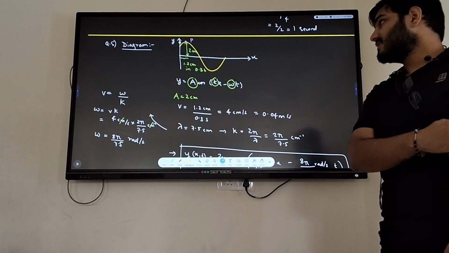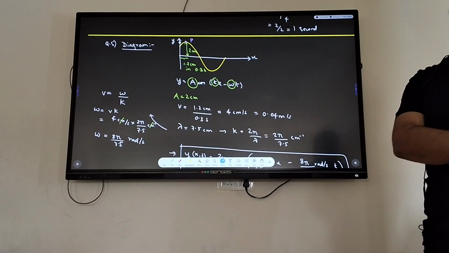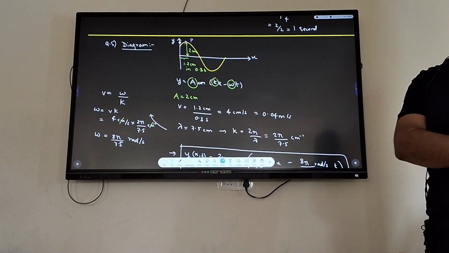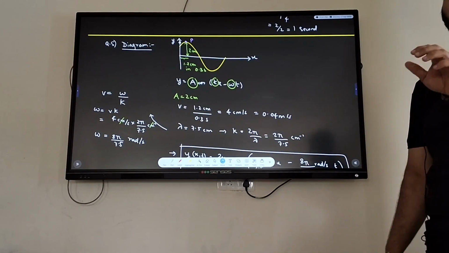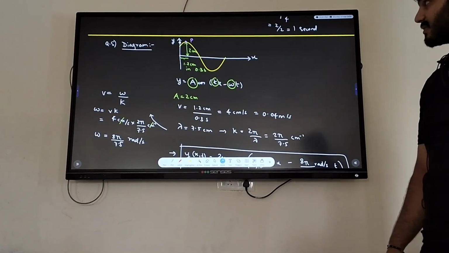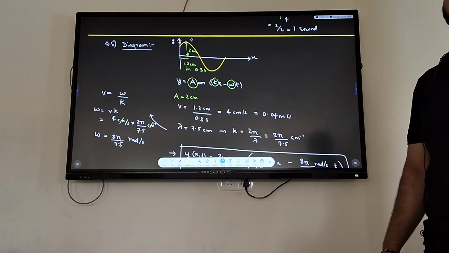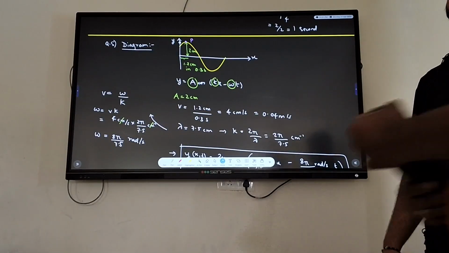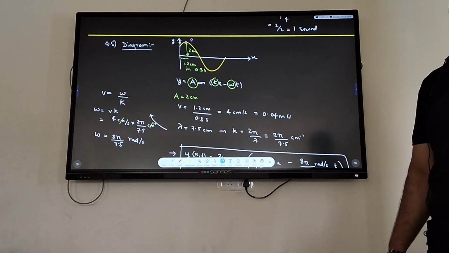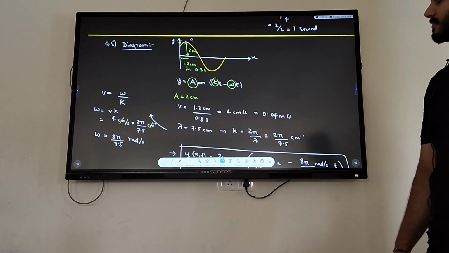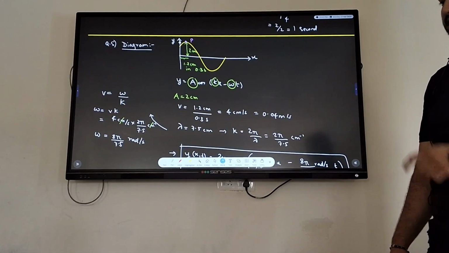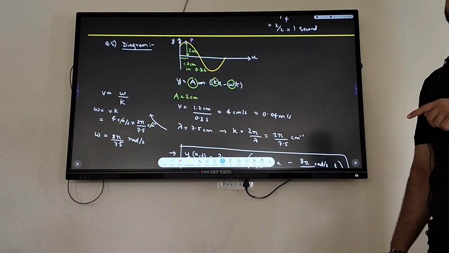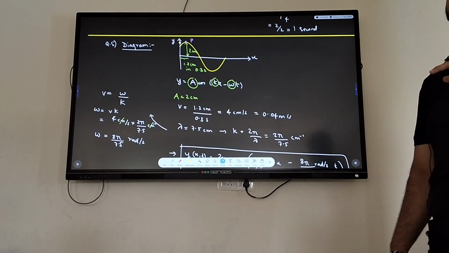When do I write a phase? When you write a phase, you are comparing, but here we are comparing with nothing. It is explicitly mentioned in the question that at t equal to 0 your peak was at the y-axis.